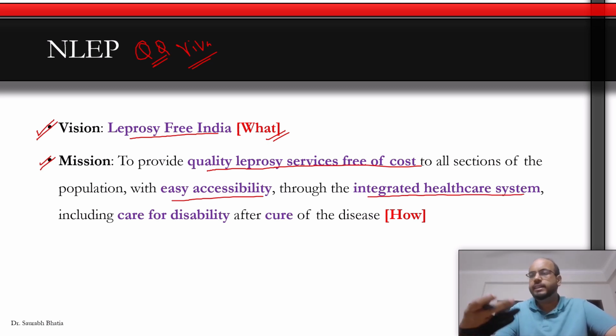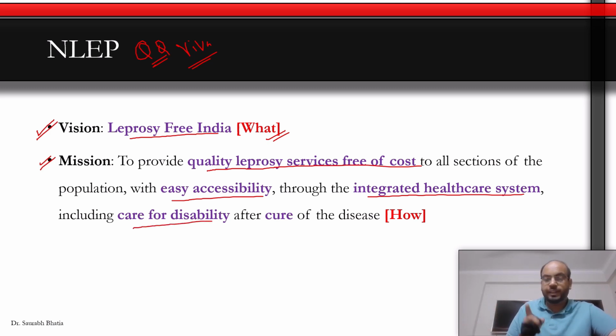You have good dialogue between CHC, PHC, sub-center, sub-district level, national level. The dialogue is free flowing so that there's no problem in treating cases of Hansen's. Including care for disability. The treatment does not stop at 2 years. We have to take care of disability and rehabilitation also after cure of the disease. So vision is the endpoint, and mission is how you will reach the endpoint. Clear? Let's move forward.